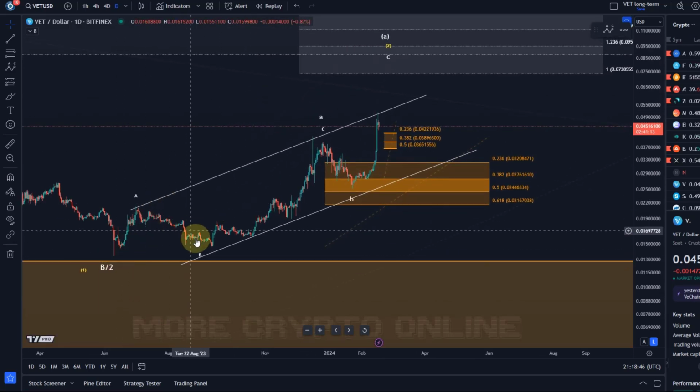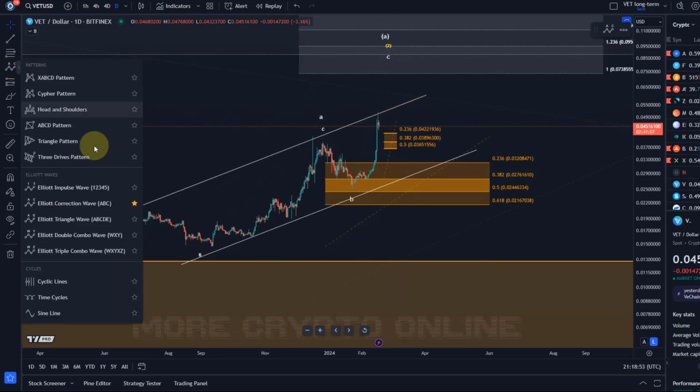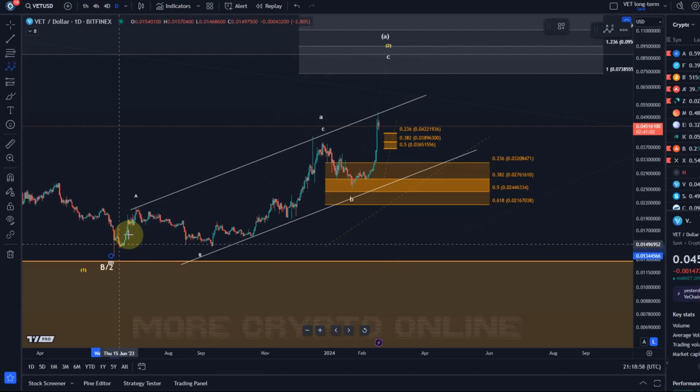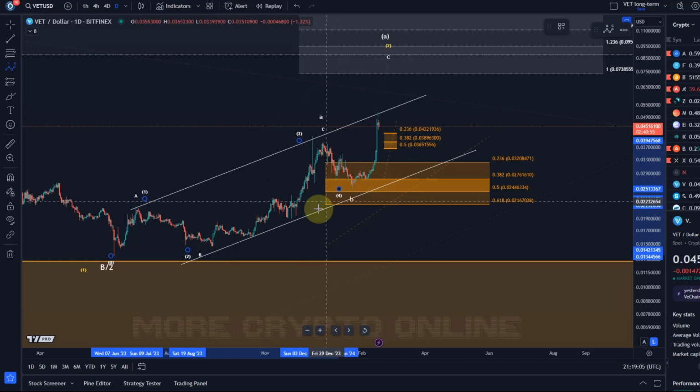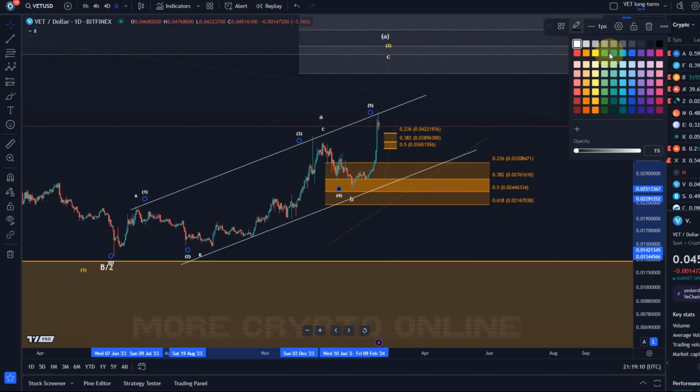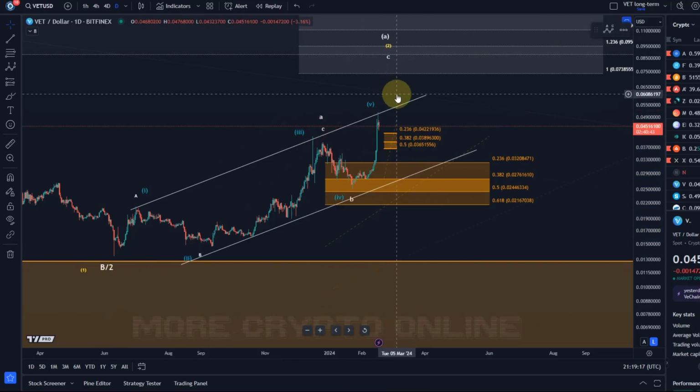However, as you can see, we also have a 5-wave move to the upside pretty much. And this is the original scenario we talked about throughout the last few months. In this scenario, we had a wave 1 to the upside, a wave 2 to the downside, a wave 3 to the upside, a wave 4 to the downside, and a wave 5, to be honest, could be in. So in the blue count, we have a 5-wave move up, basically a diagonal pattern.